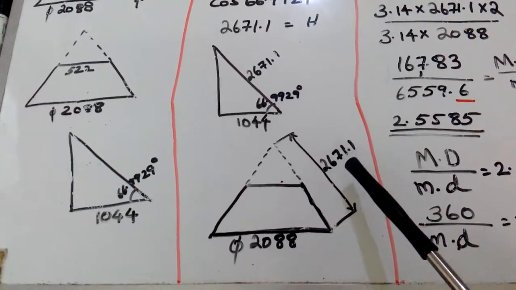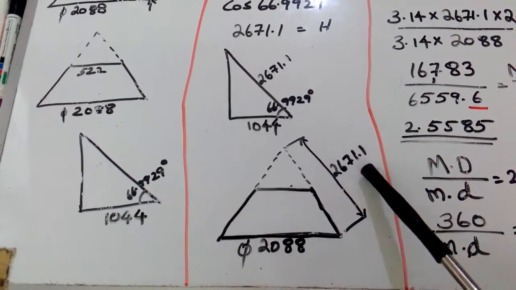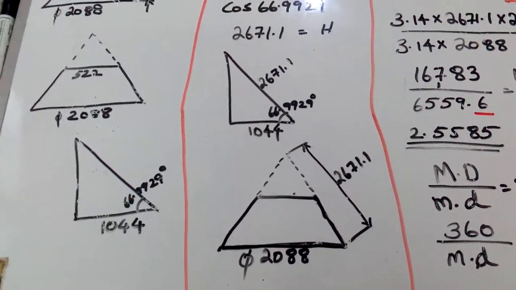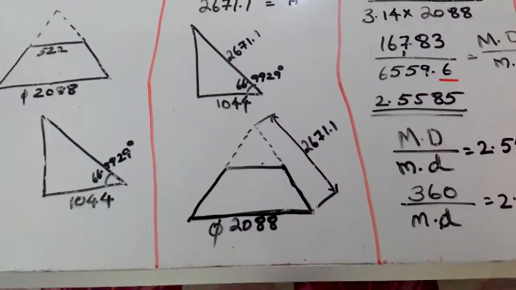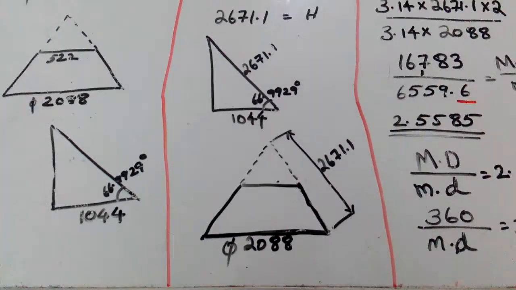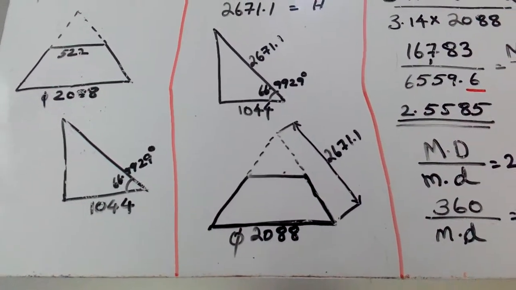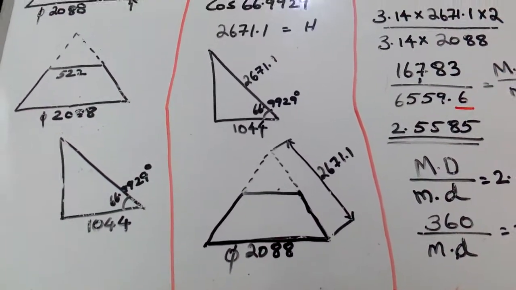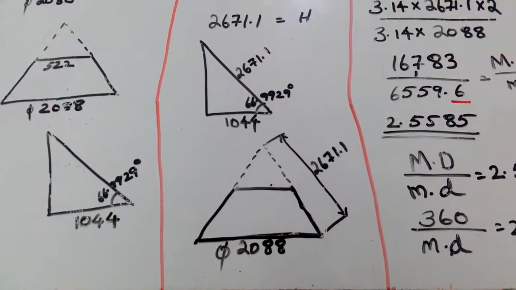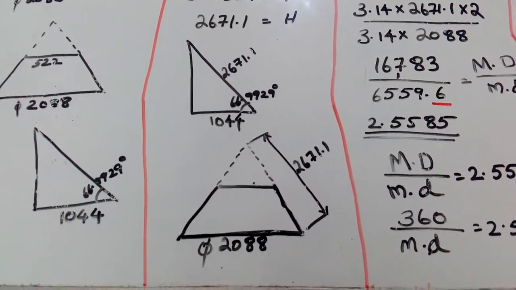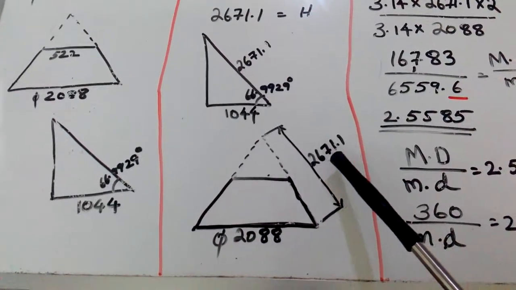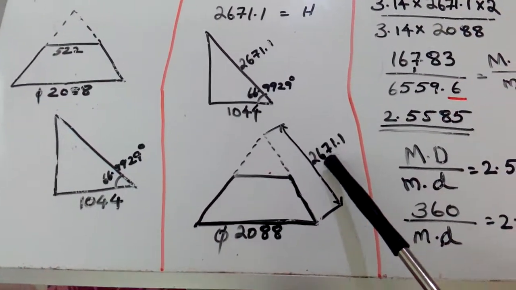If we make a round with 2671.1, first step will be completed. It means for making development we have to make one round. Its certain portion we have to use. If we do it, our development's certain portion, certain work will be completed. So first of all we can make one round with the radius of 2671.1.